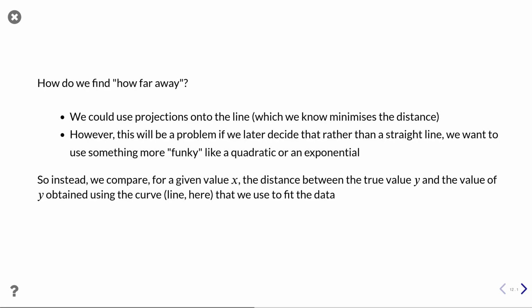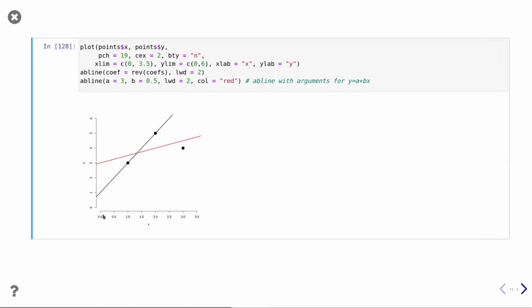So instead of that, when we look at a value x on the x-axis here, we are going to look at the distance between, suppose I'm looking at this point and the red line and this first point. Well, if a point were on the red line, it would be here, but it is here.